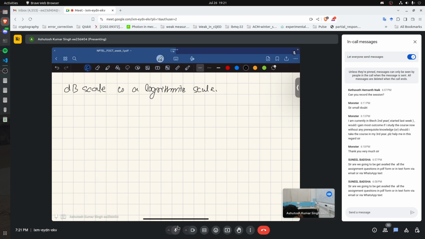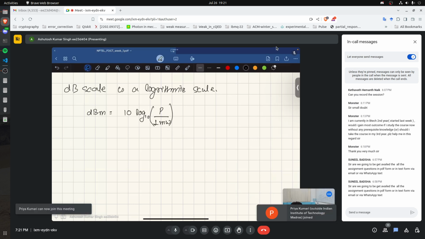So the dB conversion for optical power is dBm is 10 log 10 power divided by 1 milliwatt. Similarly, loss, this is for power.